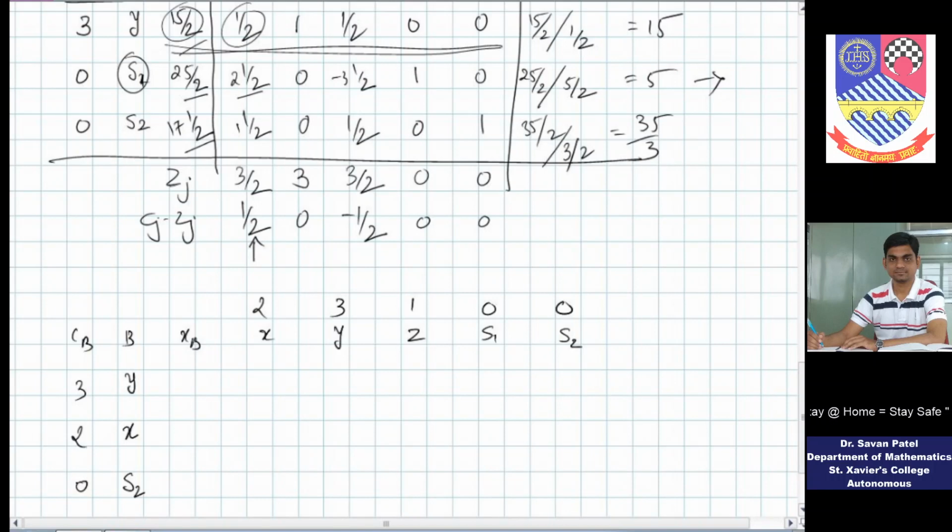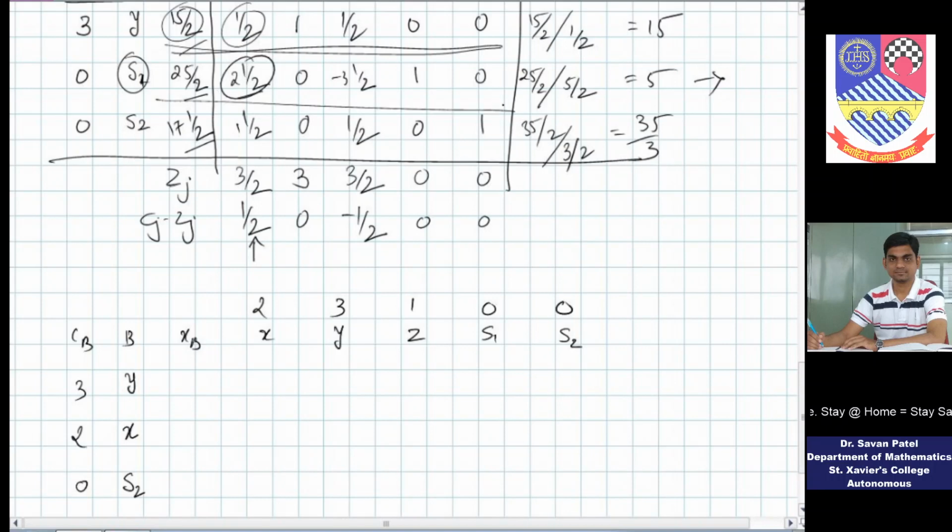Now this entry is entering and this entry is leaving the basis, so this entry must be made 1. Applying the corresponding row operation, first of all we have to divide this row by 2.5.